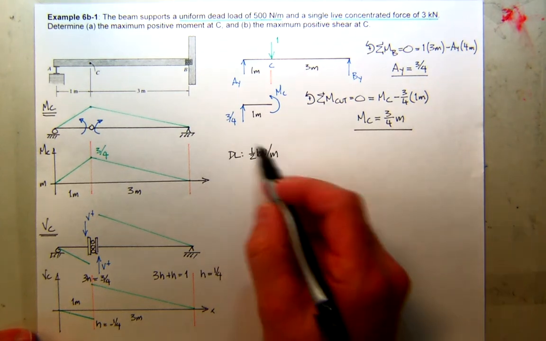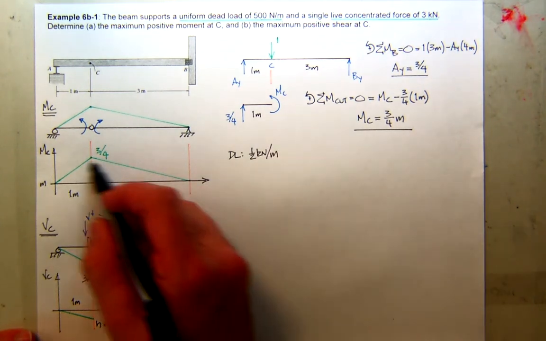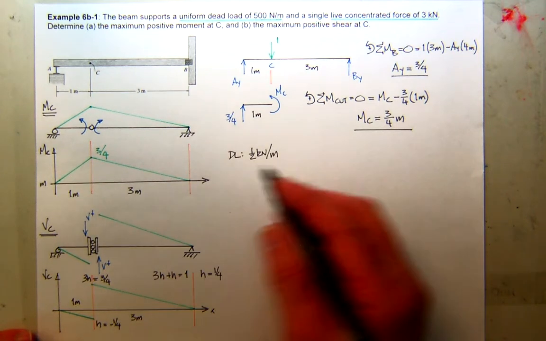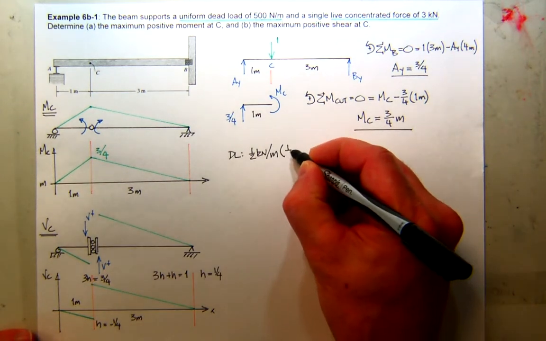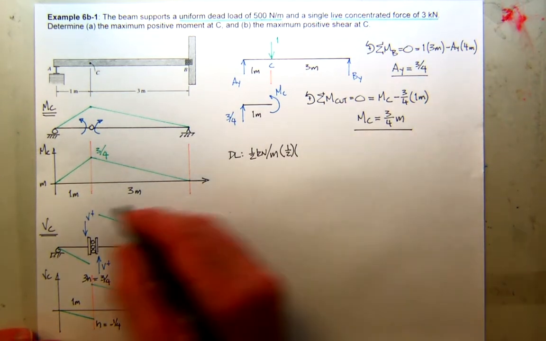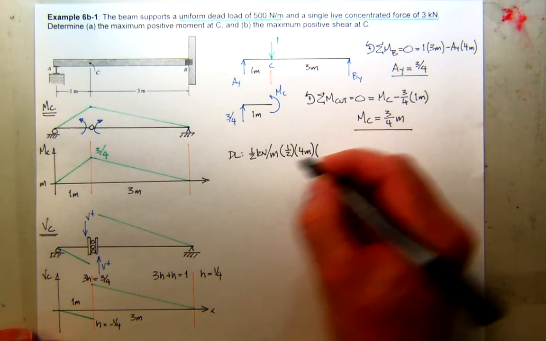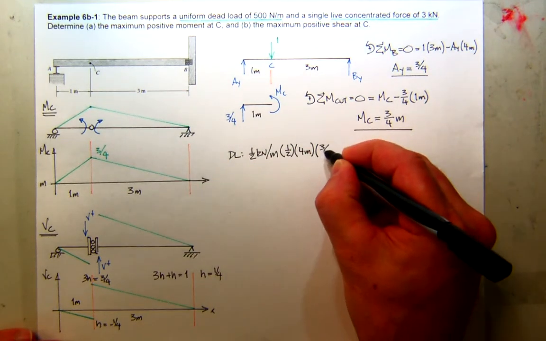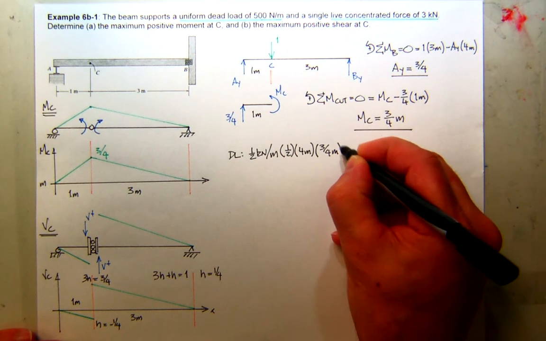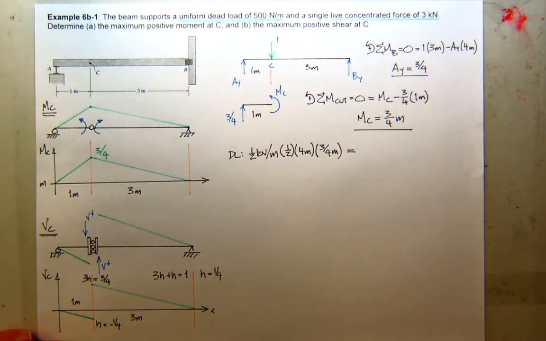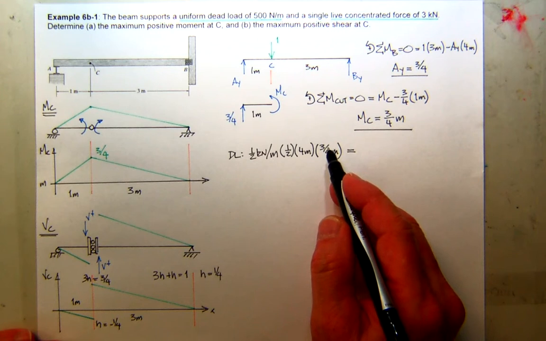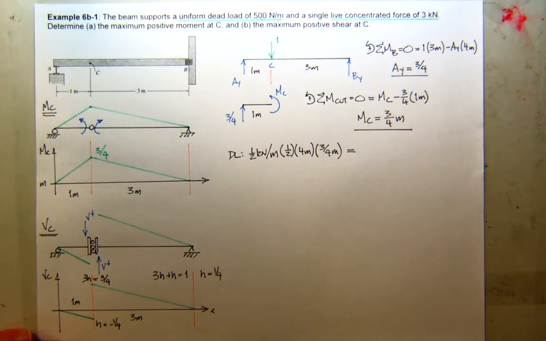And remember, in all these uniform loads, we multiply it by the total area under the curve, which in this case is a triangle, so 1/2 base, the base is 4 meters, times the height, which is 3/4 of a meter.